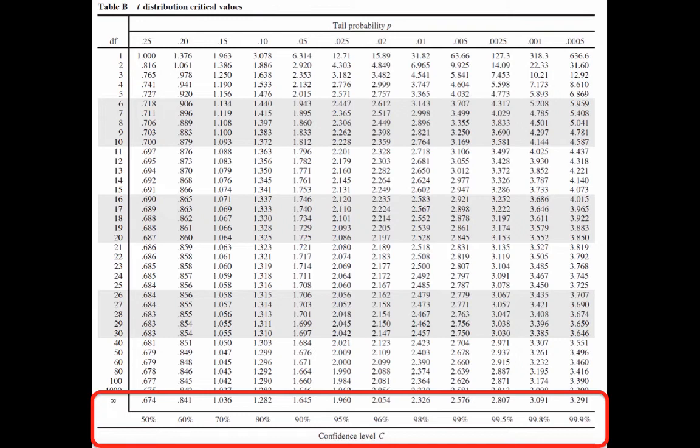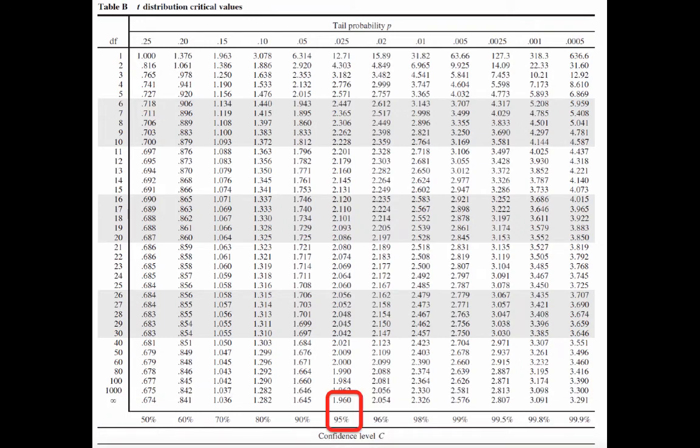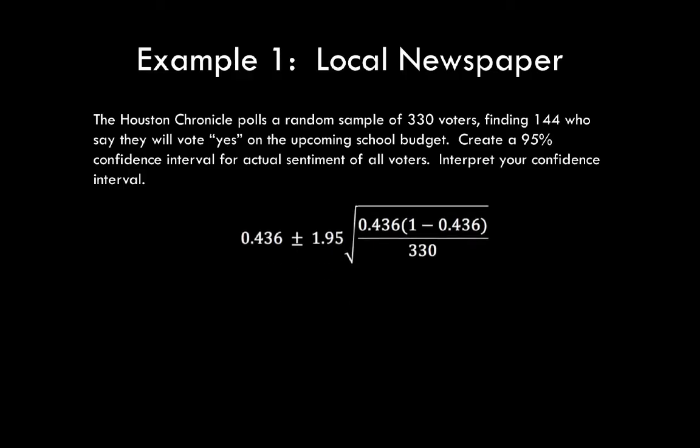We look at our confidence levels, and those numbers above it are the z stars. Since in this problem it is asking for a 95% confidence level, z star is going to be 1.96. Easy enough. I'm going to go ahead and plug that in.